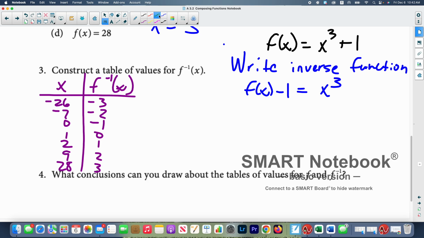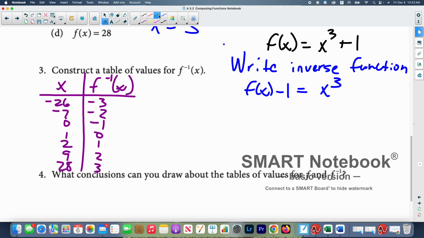Take the power of 3 away from both sides. How do we do that? Not square root, but cube root is what we call that. Cube root on that side, cube root over here. So we get this right there.